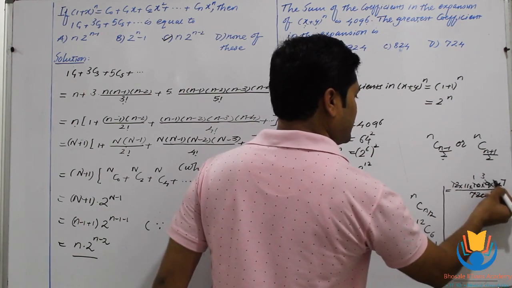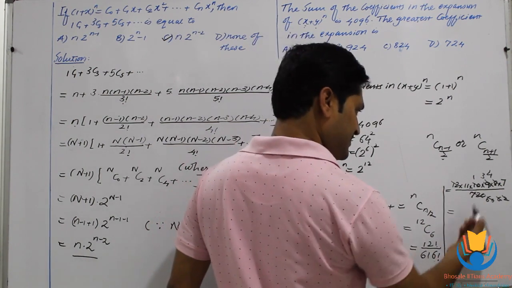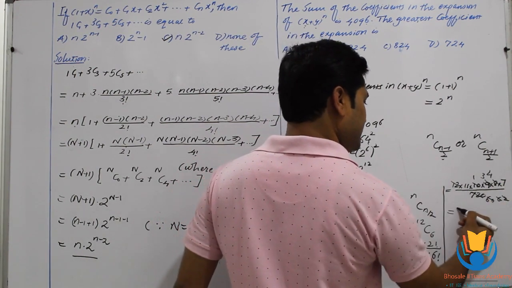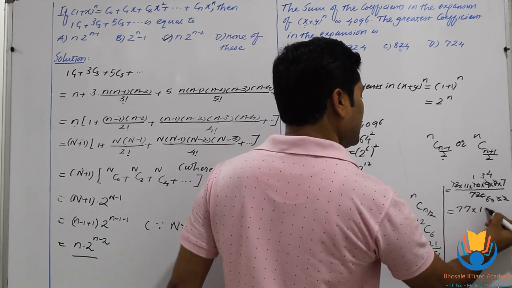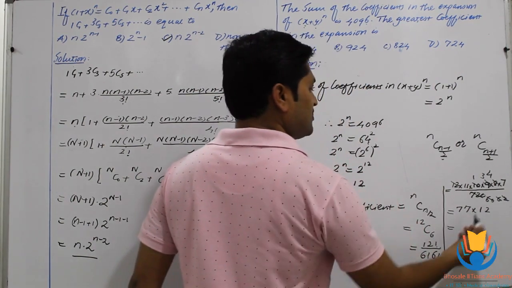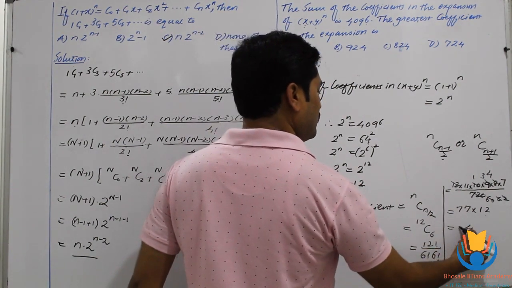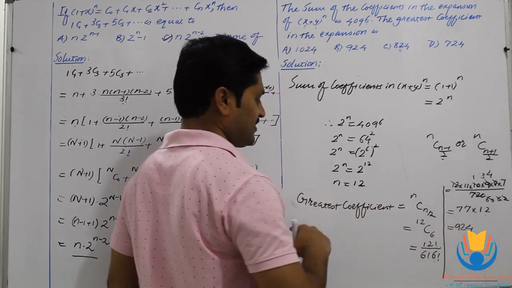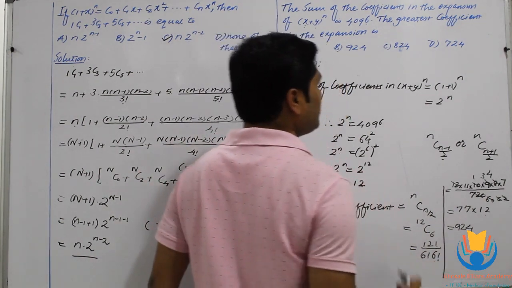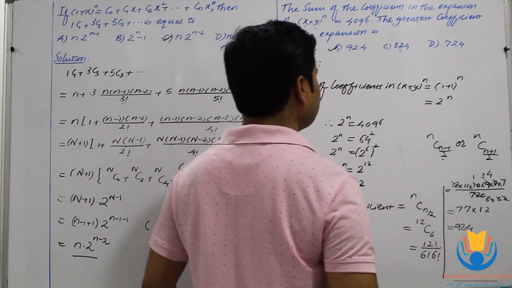So this is 2 ones are 2, 2 4s are 8, and finally 11 7s are 77, that into this 12 we have to multiply. So 12 7s are 84, that 8 carry, 12 7s are 84, and this is 92. So the sum of all the greatest coefficients in this expansion will be 924. So the correct option is option B.